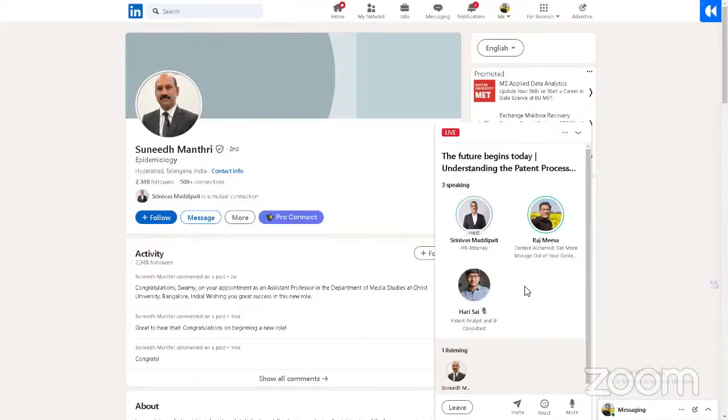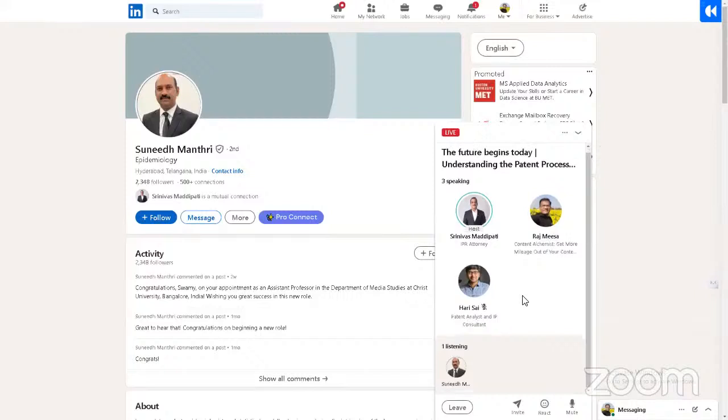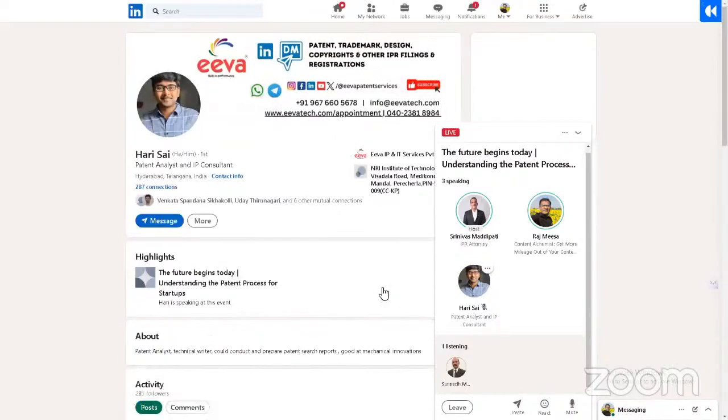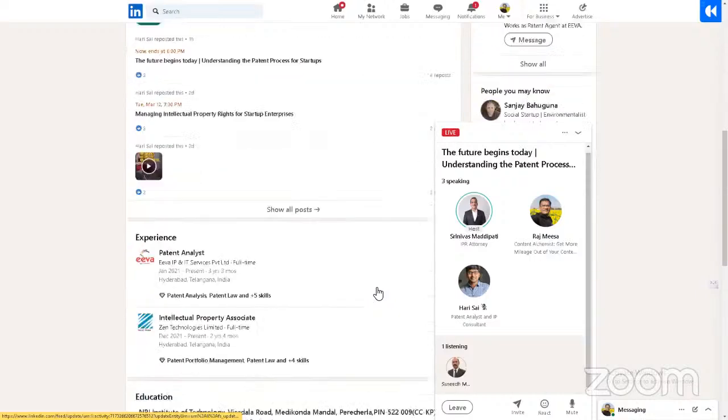Yeah, Section 10. Why Section 10 is very important is, as we are discussing, the sufficiency of the disclosure. Section 10(4) speaks about sufficiency of the disclosure, and this is the key objection in almost 70% of the examination reports. The reason could be multiple.